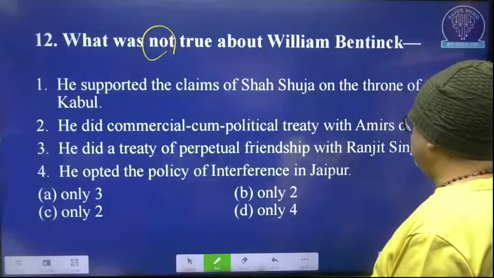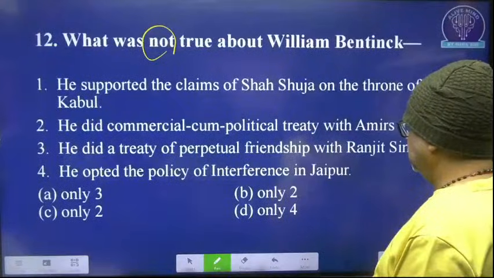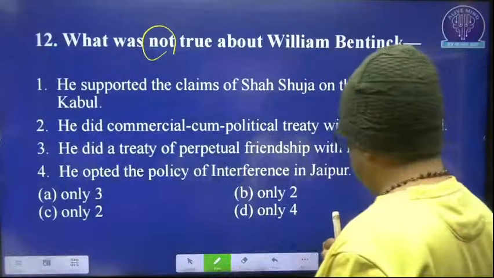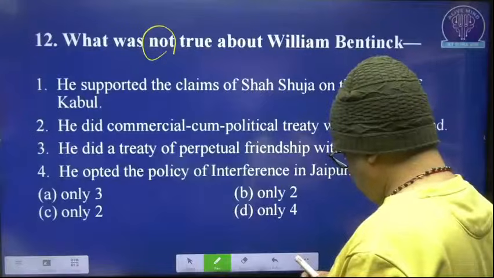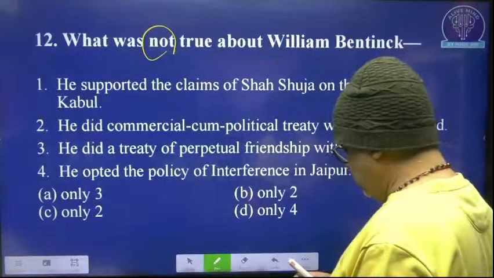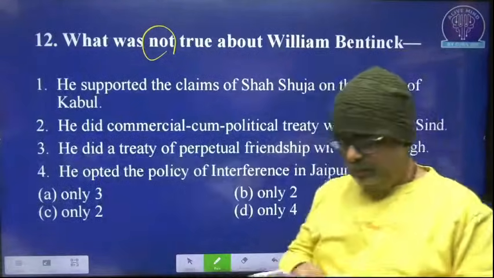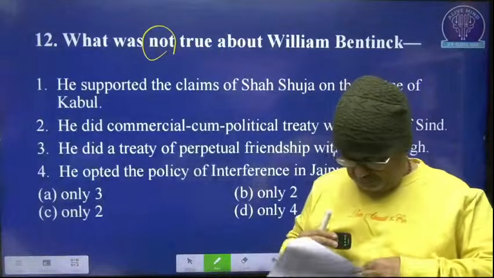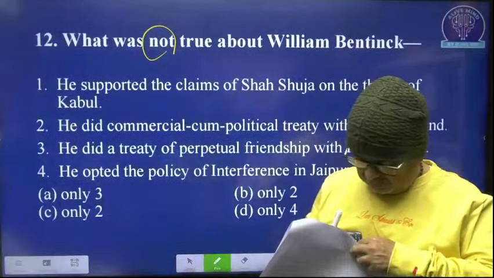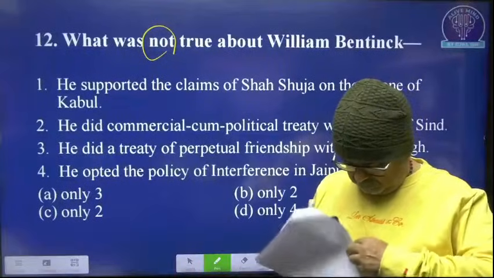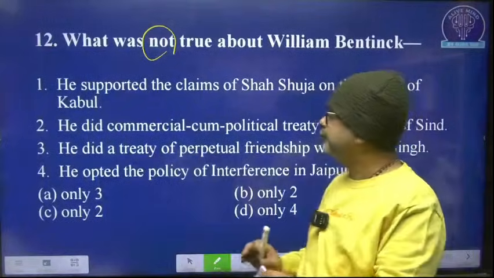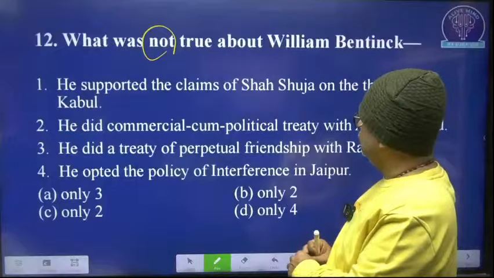He opted the policy of interference in Jaipur. Not true.